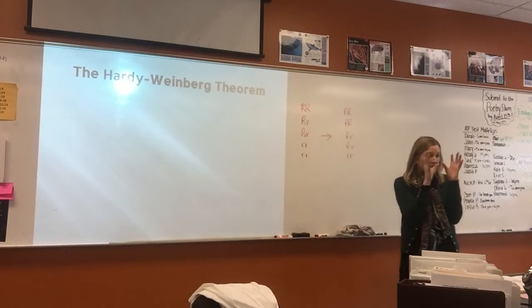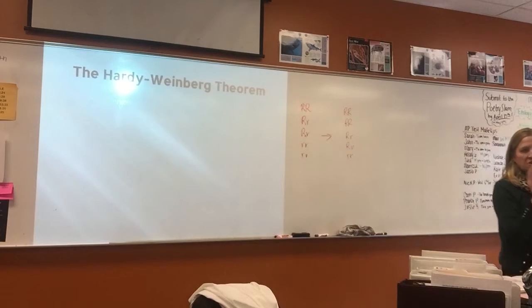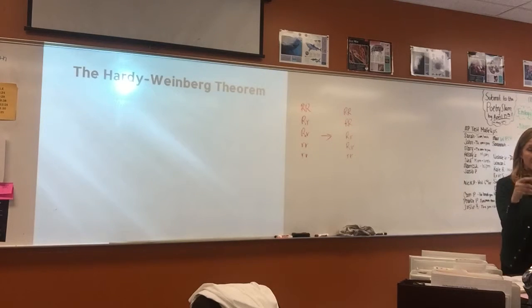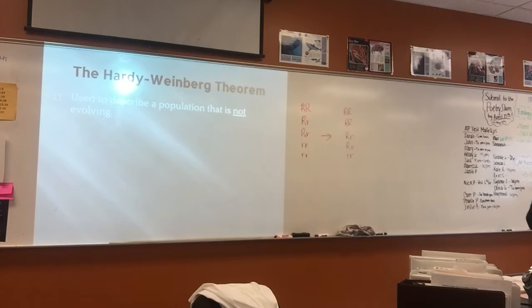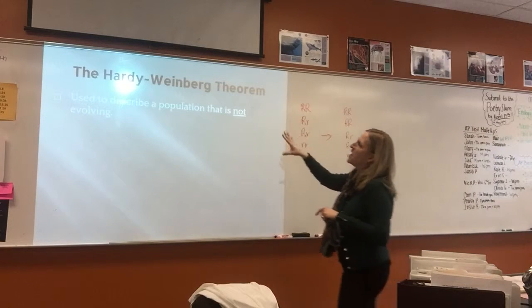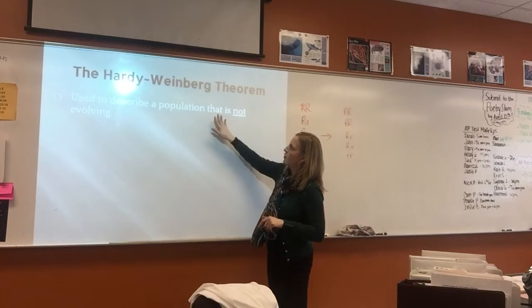We're going to look at kind of a controlled experiment: a population that's not evolving, and compare it to one that is. The Hardy-Weinberg theorem is used to describe a population that's not evolving, so we can compare it to populations that are.